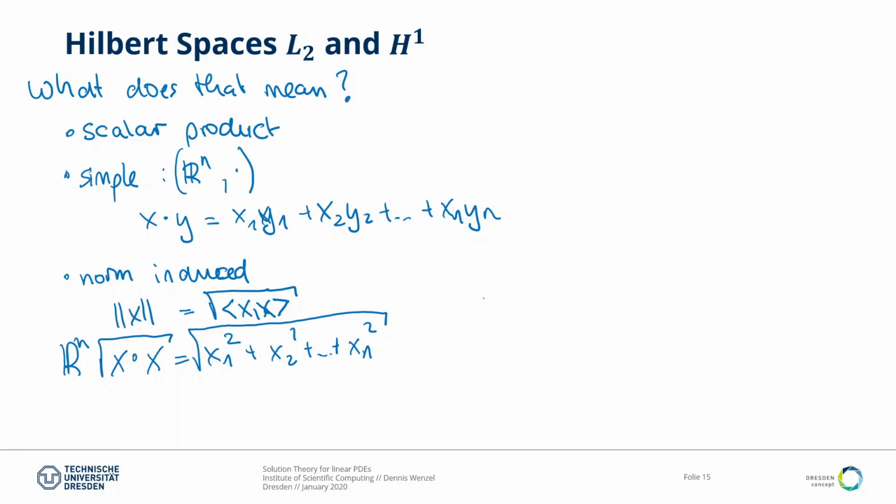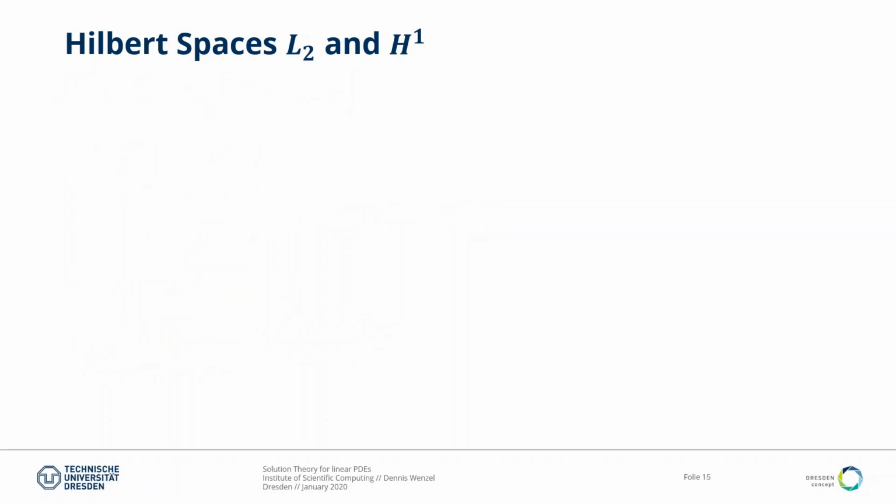Okay, so now if we want to talk about L2 and H1 as Hilbert spaces, we need to do something similar, right? We want to keep it as simple as in Rn, with the only difference that now we're talking about functions instead of real valued vectors. So let's start by talking about L2.